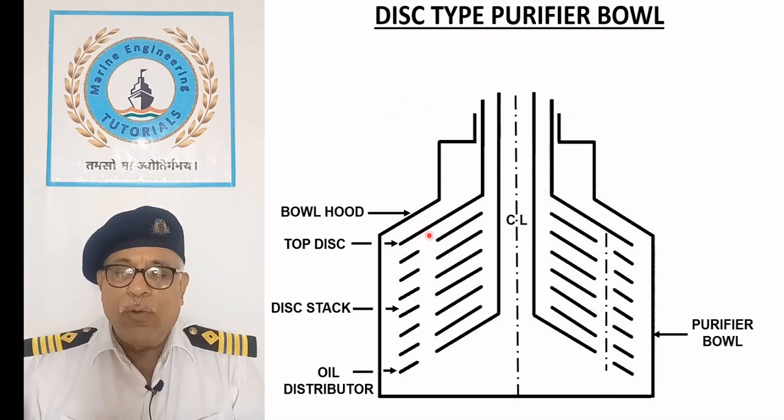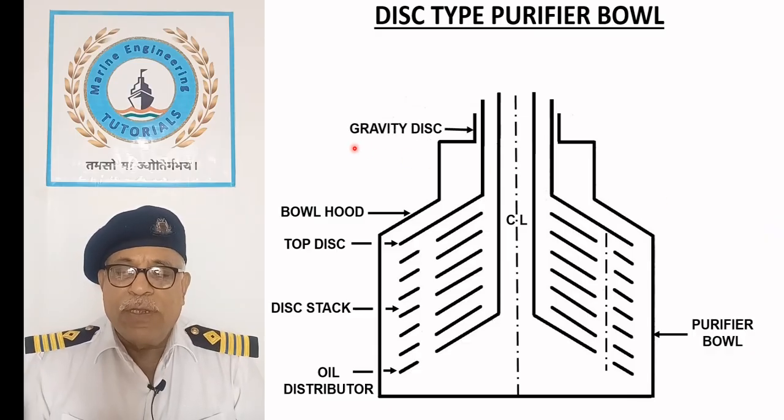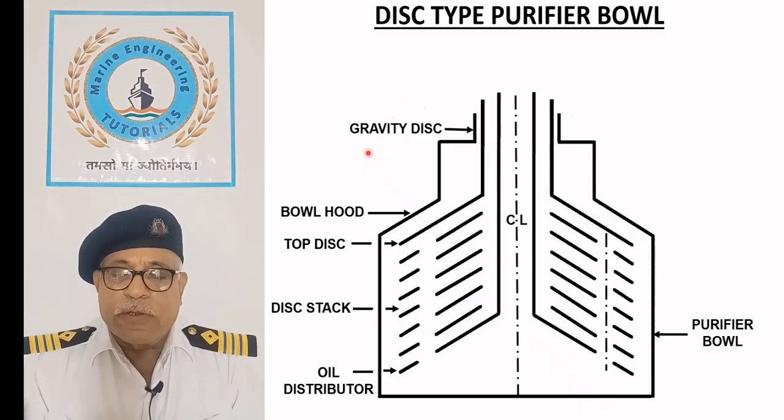The purifier bowl is closed with a bowl hood which is secured in place using a ring nut. A gravity disc is attached to the bowl hood. It determines the position of the oil-water interface during operation.